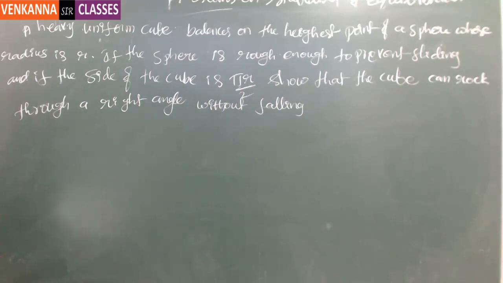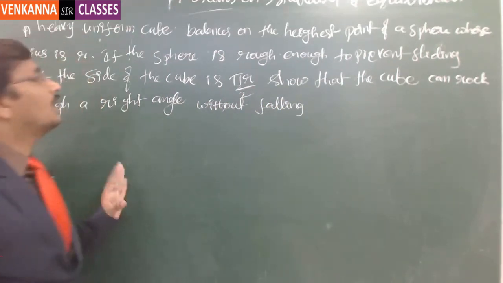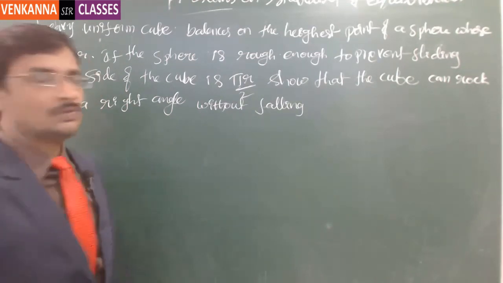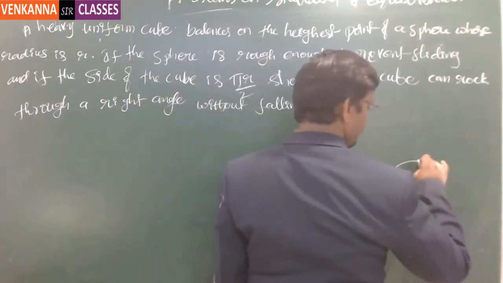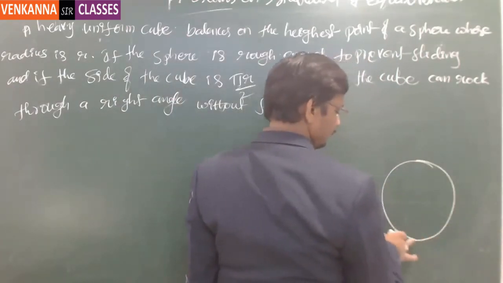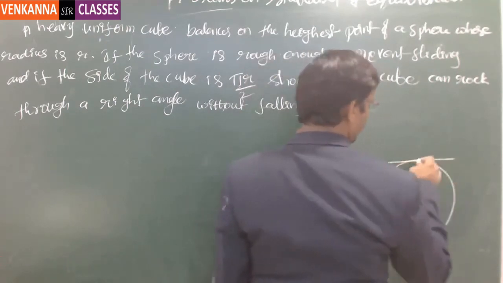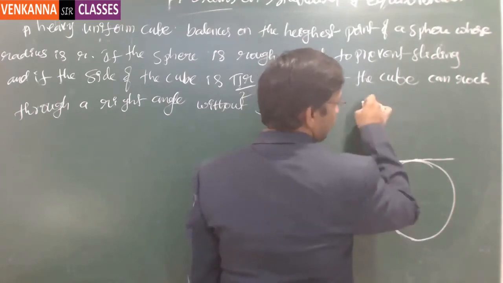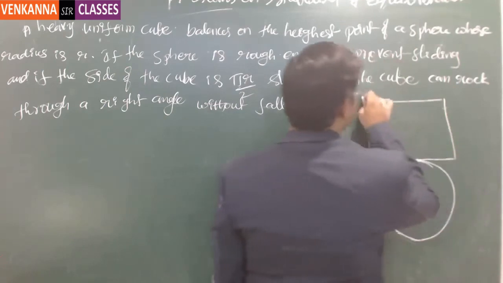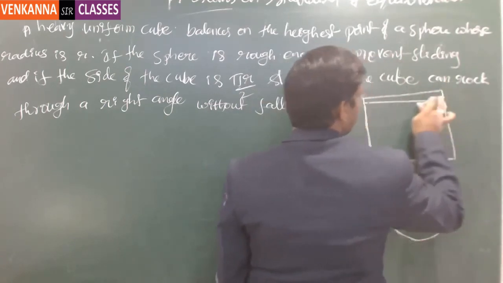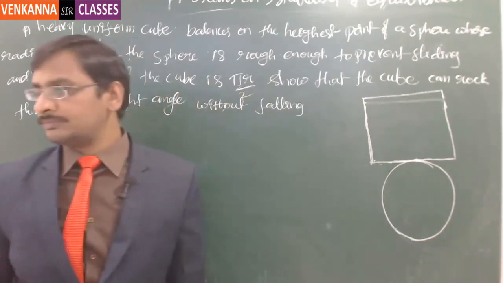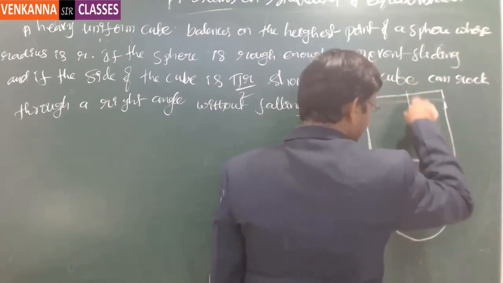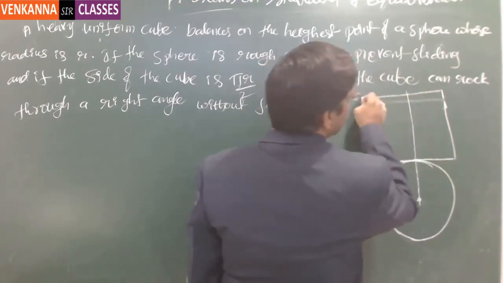So this is the problem statement. Now here what he has given is a heavy uniform cube balanced on the highest point of a sphere. So first we draw one sphere like this, and then there is a cube on top of it. This sphere has a radius of r. This is the common normal.